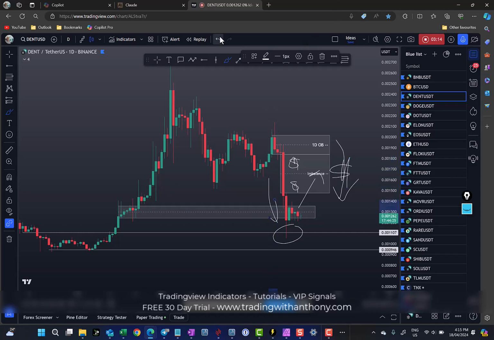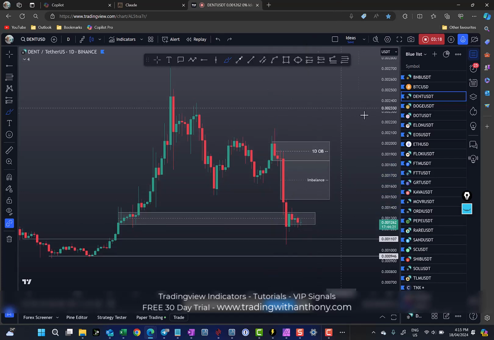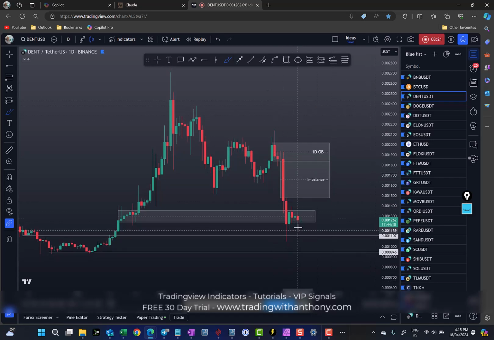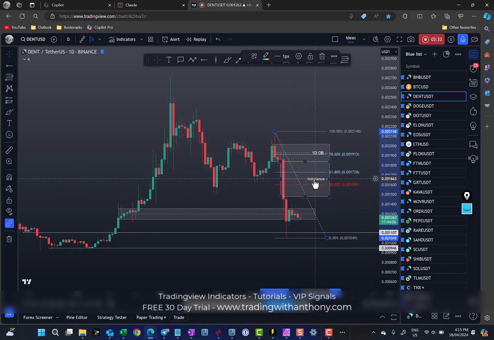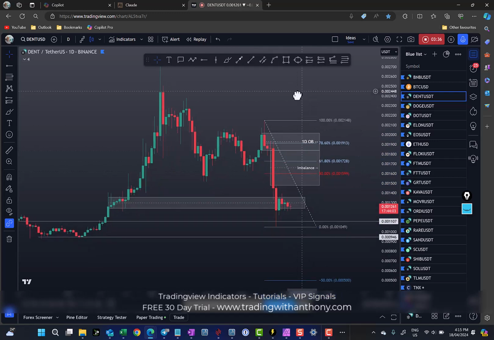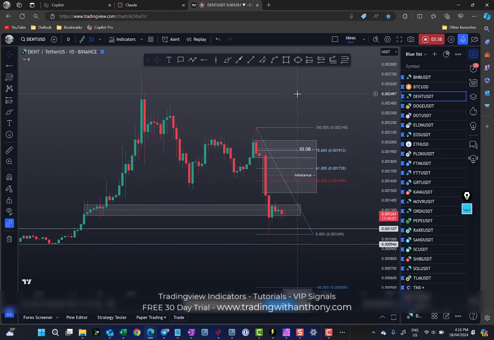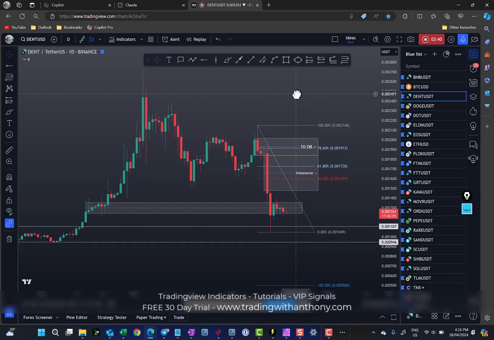So let's look at it from the point of view of this being overextended, and we grab a Fibonacci and we look at this price swing high to low. Look, if I'm looking to sell here, and I'm smart money, which I'm not, but okay, let's just assume I want to get in short at a premium, and this price swing 50% is the threshold.